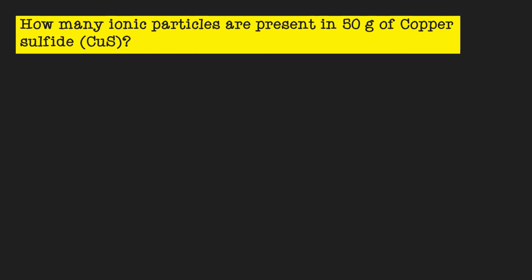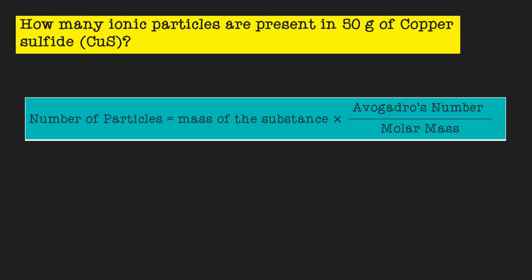Let us try this example. How many ionic particles are present in 50 grams of copper sulfide? To find the number of particles, use the following formula. The number of particles is equal to the mass of the substance times Avogadro's number divided by the molar mass of the substance.